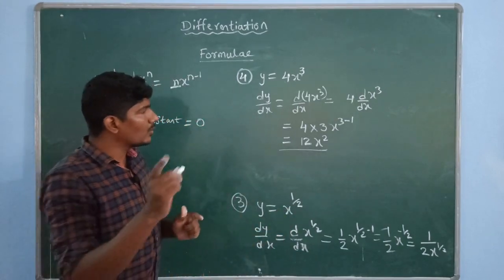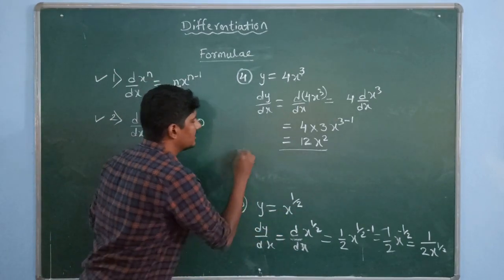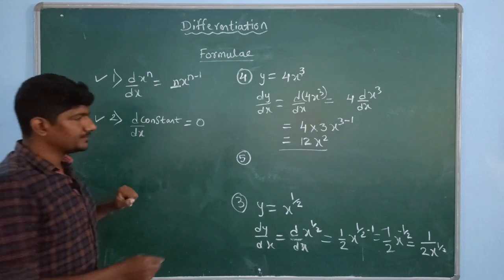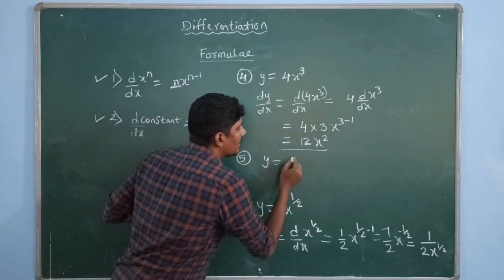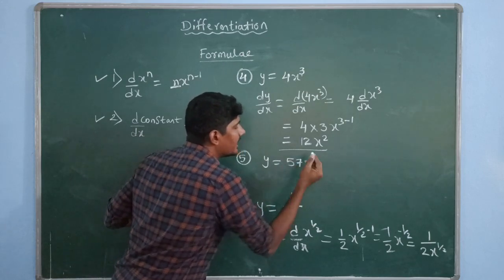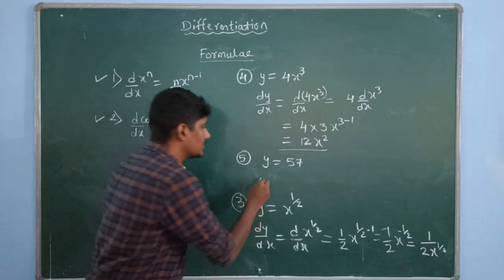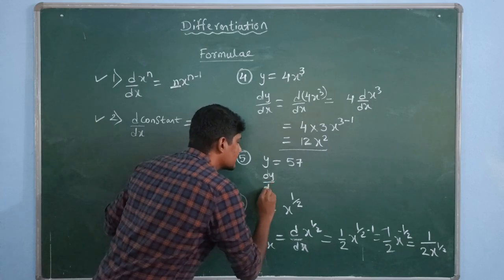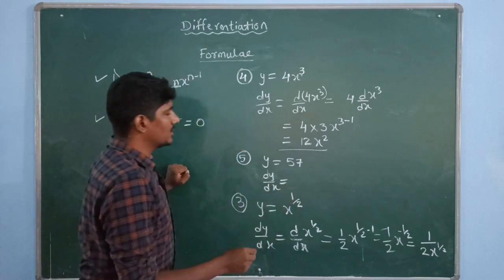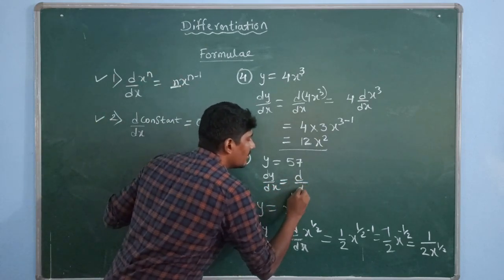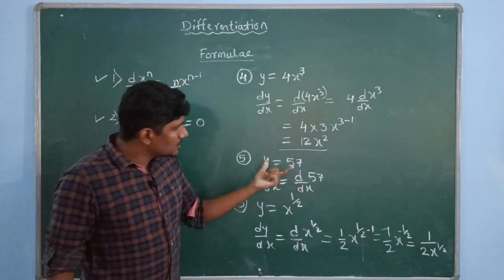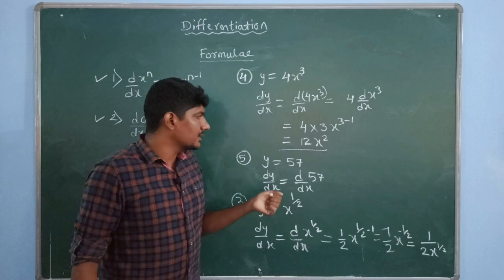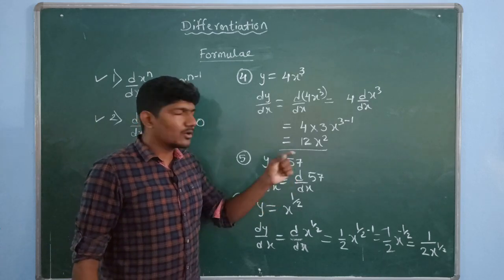So now I will take one more, last one for this particular formula, that is y equals 57, any number you can take. So dy by dx equals d by dx of 57. You know there is no relation between x and 57 here. So this is just a number, one constant value.